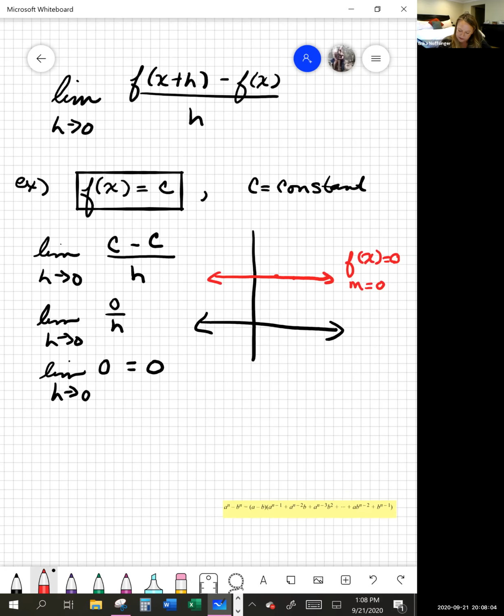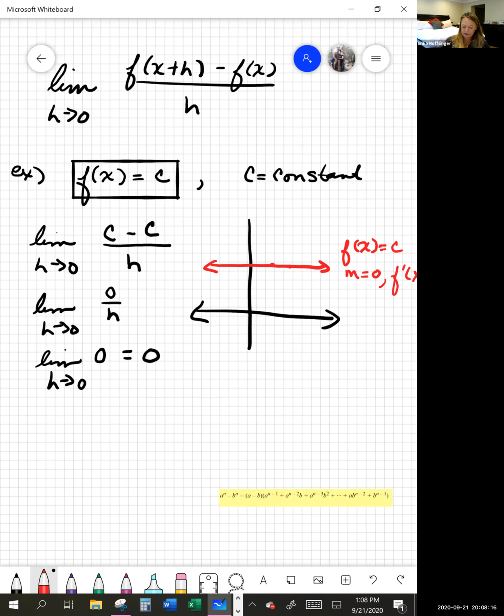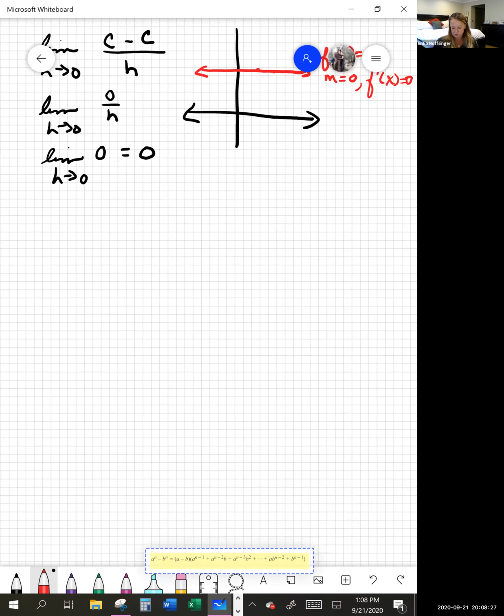F of x equals c, our slope is 0, or f prime of x is equal to 0 anywhere on that graph. Okay, so we have one rule here that the derivative of a function that is equal to a constant is always going to be 0. And we just proved it.